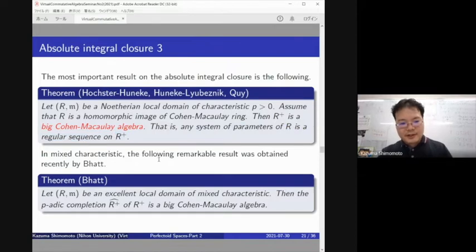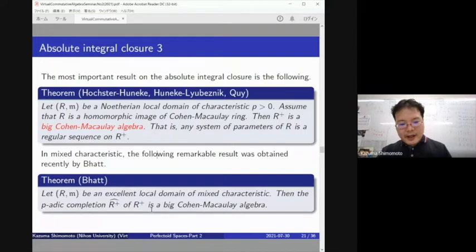And in the mixed characteristic case, Bhatt proved the following quite remarkable result. Let R be an excellent local domain of mixed characteristic. Then the p-adic completion of R plus is a big Cohen-Macaulay algebra.